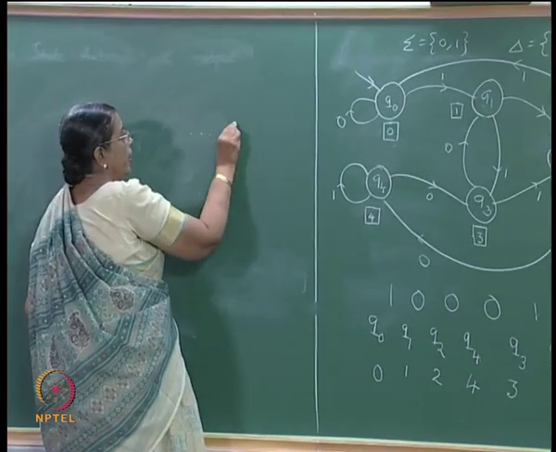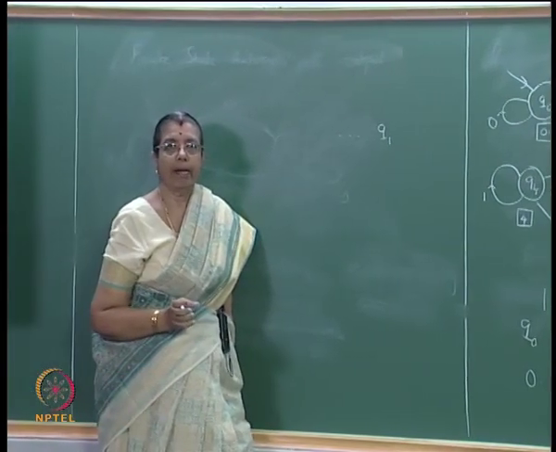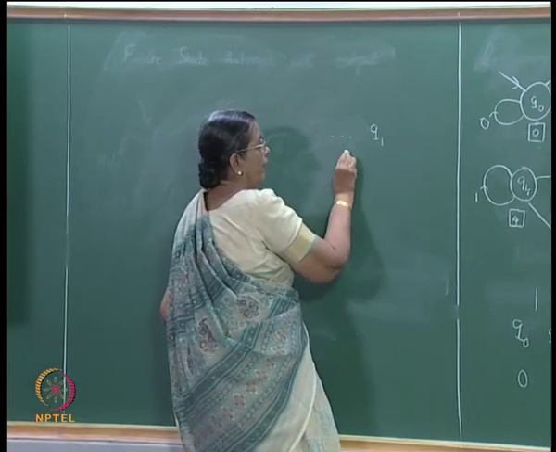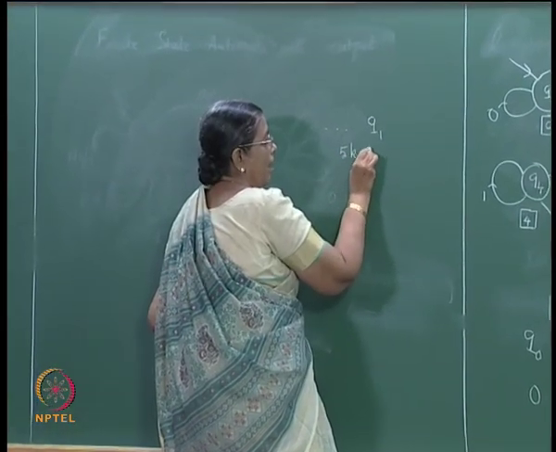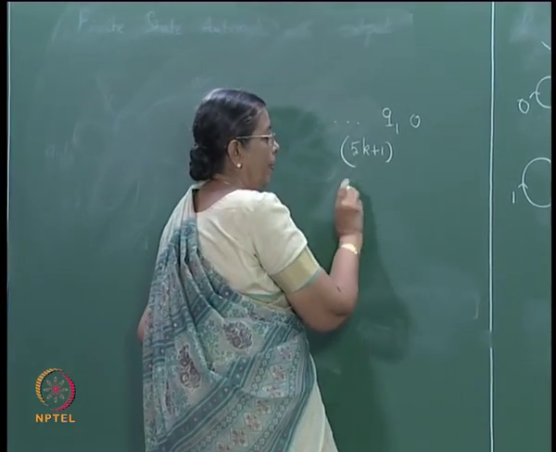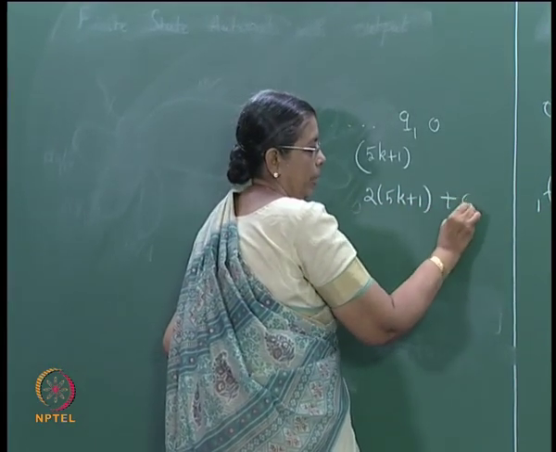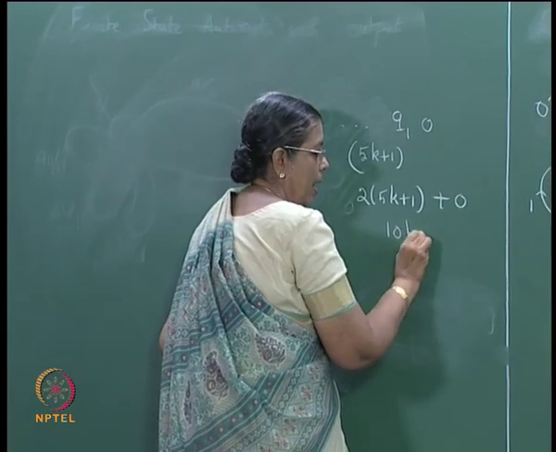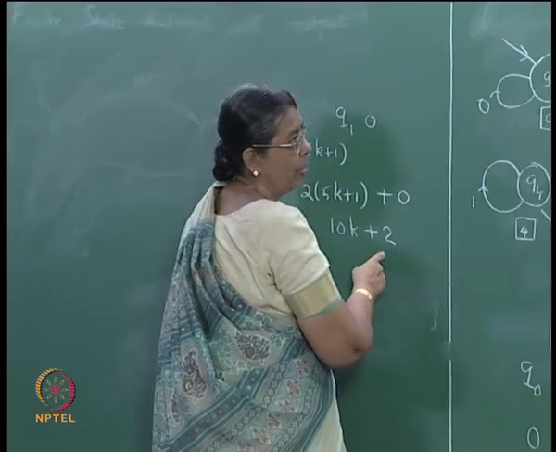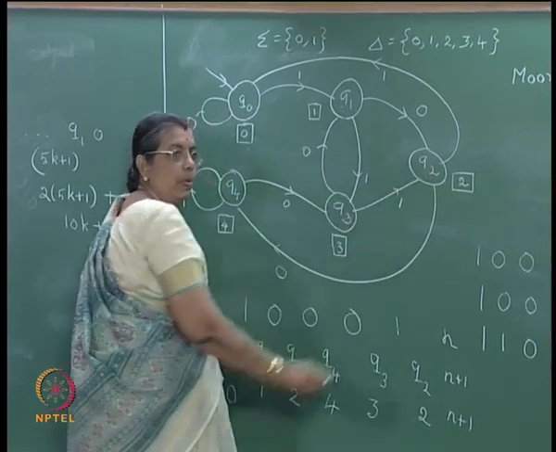See, when you reach Q1, you have read a binary string which leaves a remainder 1 when divided by 5. So, the number will be of the form say 5k plus 1. Now, if you get one more 0, the number will be 2 times 5k plus 1 plus 0, which will be 10k plus 2. So, the number when divided by 5 will give you a remainder 2. That is why from Q1 there is an arc with label 0 going into Q2.